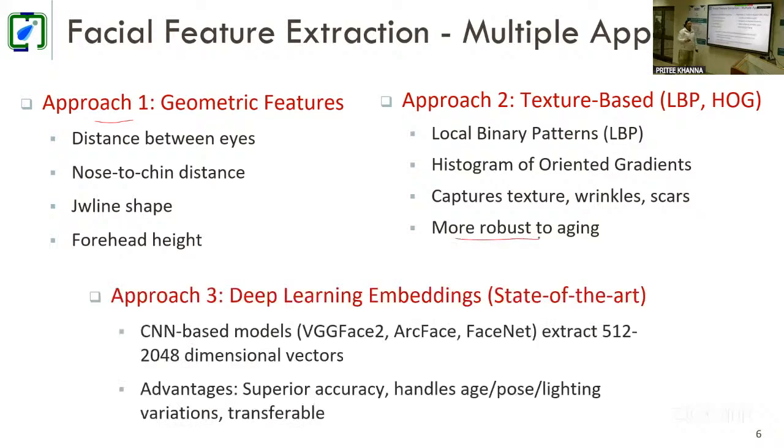But now the third approach, where the state of the art is, is deep learning embeddings. Here we have CNN models, and in the previous lecture you heard these words being used. These are the famous models for the face, where we use different loss functions and then extract these vectors, maybe anywhere between 512 to 2048.